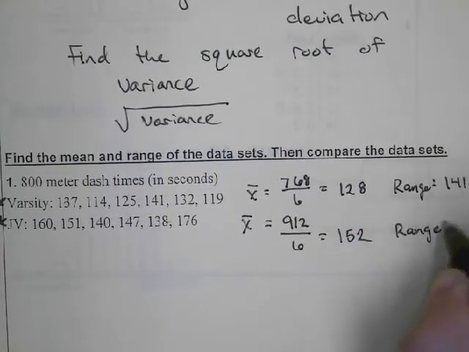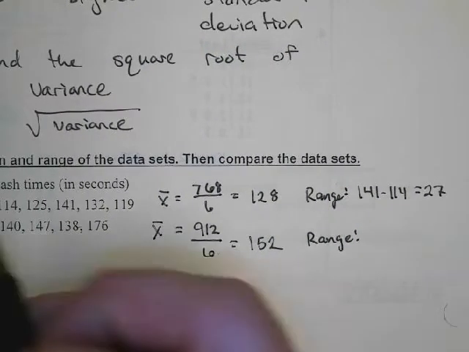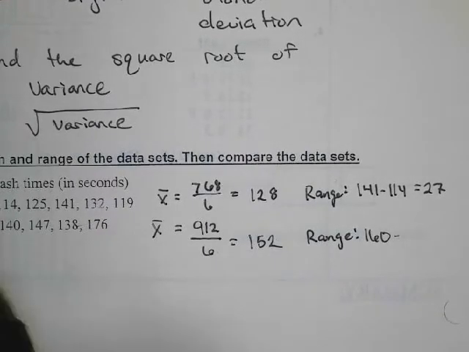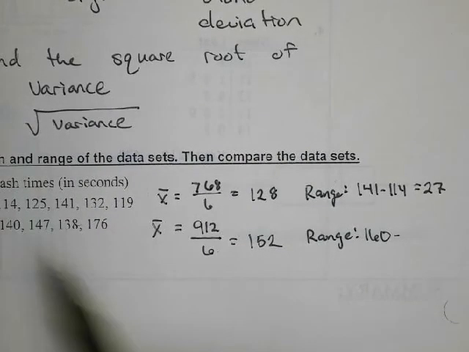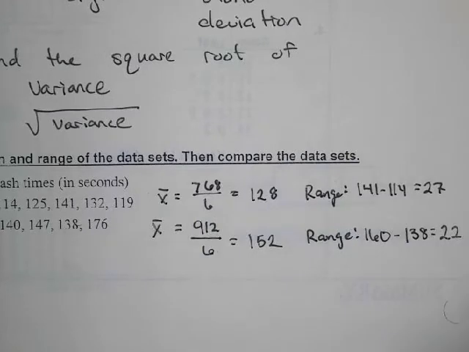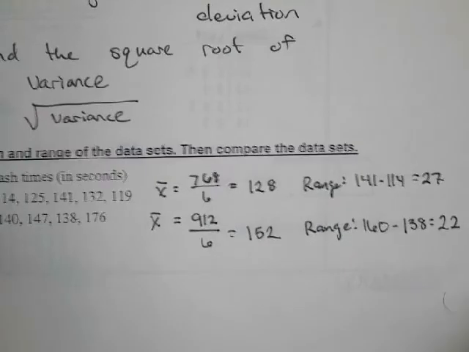And the range will be our greatest data point, 160, minus our smallest data point, which is 138, and that is 22. So that's how we can find the mean and the range for the two sets of data. Let's move to number 2.